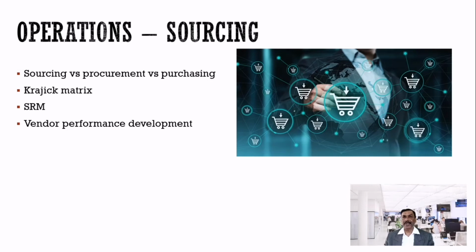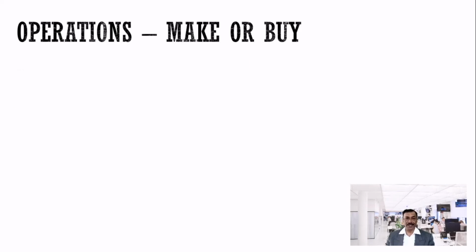Coming to vendor performance measurement, you should know how to develop vendors and retain the good ones. If some vendors are not developing, then possibly you have to replace them on a periodical basis. So you should know what metrics are used in that.